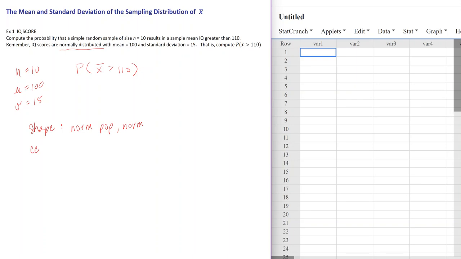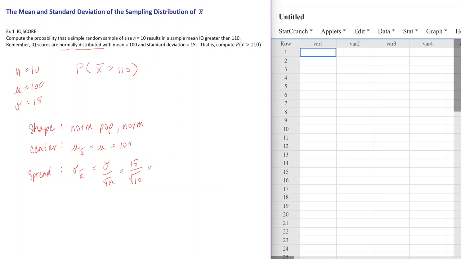The center of my sampling distribution comes from the fact that the center of my sample means is equal to the population mean, or 100. And the spread of my sampling distribution is equal to sigma divided by the square root of n, or in other words, 15 divided by the square root of 10.